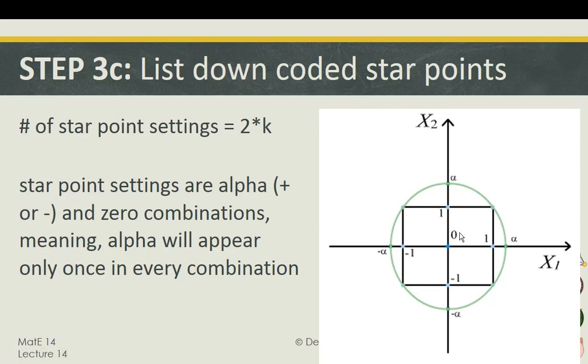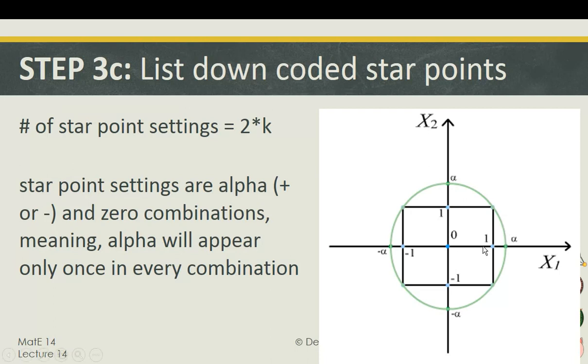Now we add several other points. The number of additional star point settings we will add is just equal to 2 times k, or 2 times the number of factors. So if we have 2 factors, that's 2 times 2 is equal to 4, so we add 4 additional star point settings. Here, the star point settings is a combination of 0 and a plus or minus alpha.